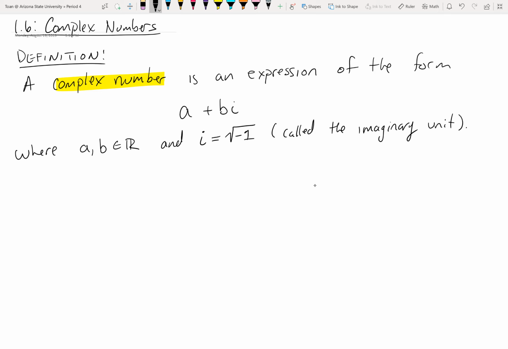a and b themselves do have special names. a is the real component, and b is the imaginary component.